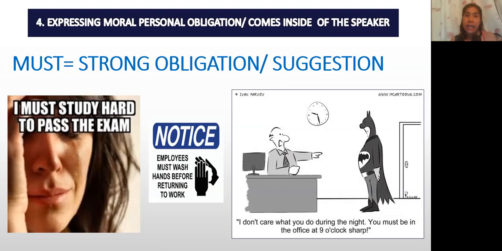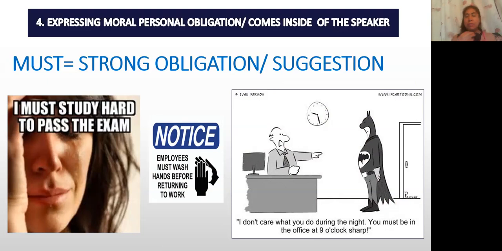I decide it. Okay? And must is used to express a strong suggestion. The level is different. With should, you give a suggestion, an advice, but must is higher than should when you express a suggestion.